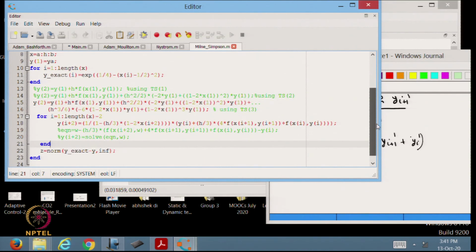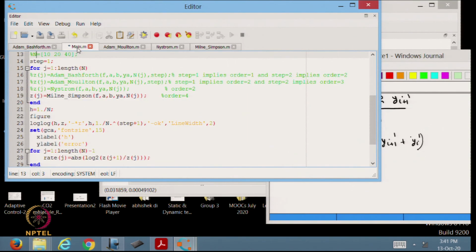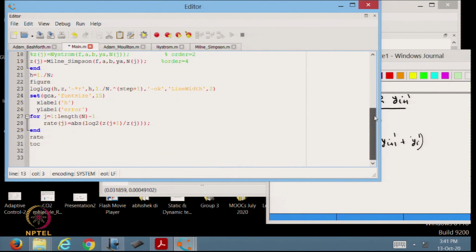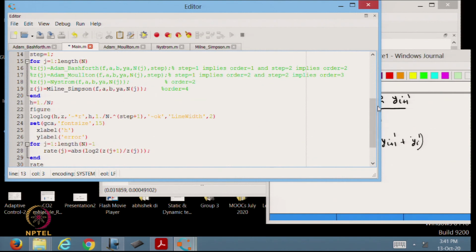Okay. So, here also, this is order 4. So, here basically I should type 3, so that the H4 line should be plotted. Of course, step is not an argument in Milne Simpson as well, like Nystrom.